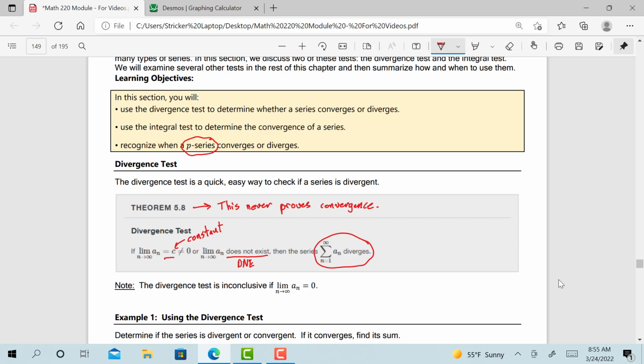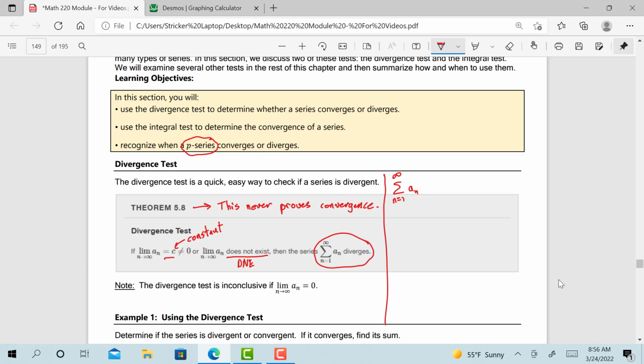Okay, now this is a really simple idea here, and I just want to touch on it. To understand how this test works, it's really important to understand what's going on. So let's just make a little side note here. Remember, a series looks like the form, we have something that goes from n equals 1 to infinity of some sequence.